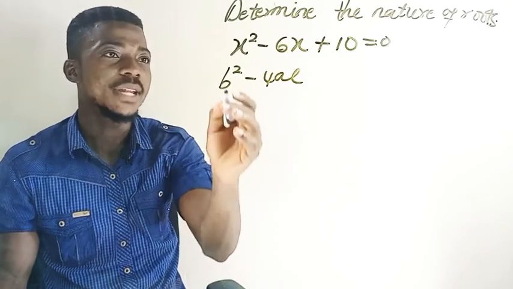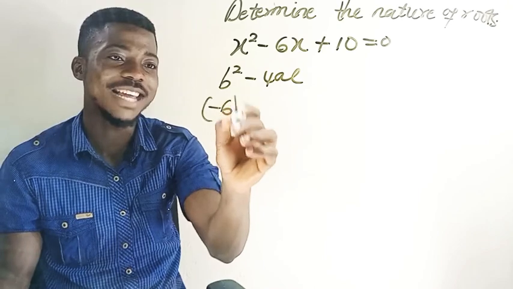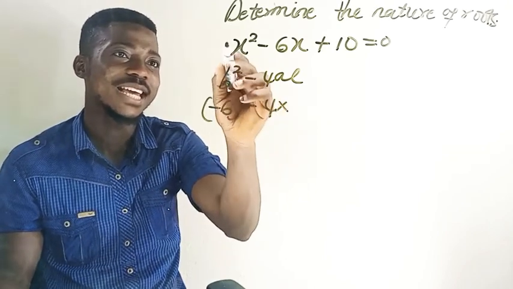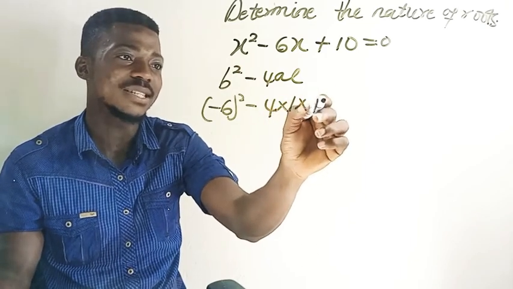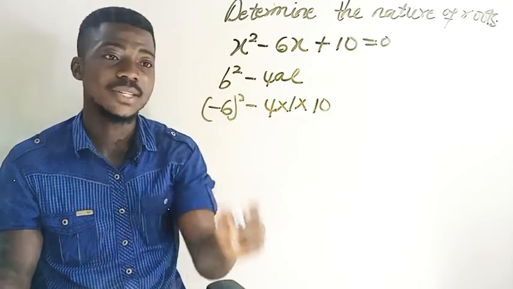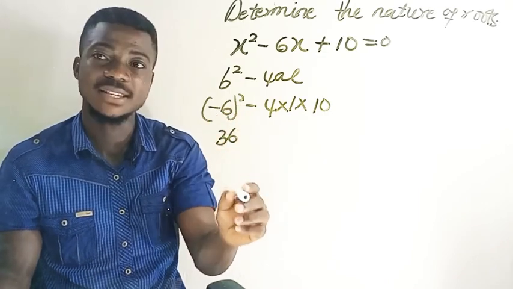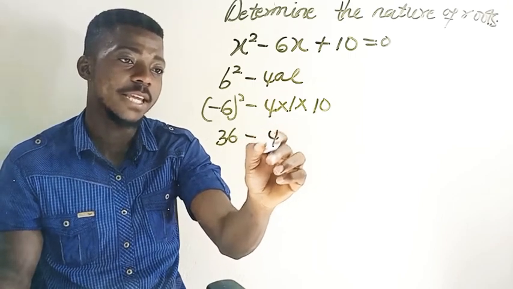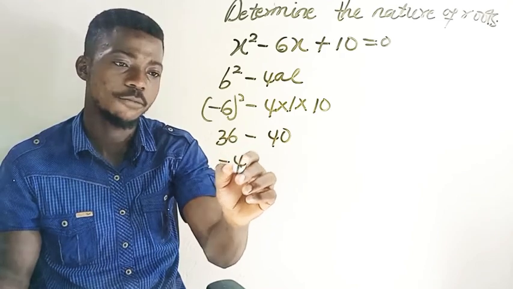Now b here is negative 6. So we have negative 6 squared minus 4 times a, which is 1, times c, which is 10.